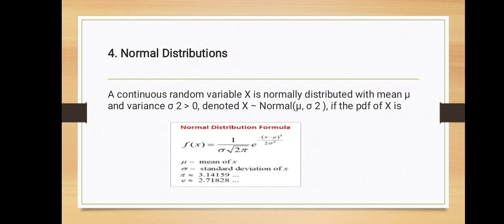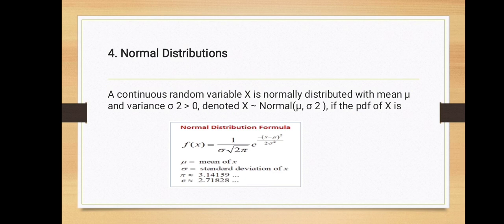In the formula, first there is a constant with the value 3.14159, the exponential number with a value of 2.7183, the average or mean of the data, the standard deviation of normally distributed data, and how to calculate the z value.